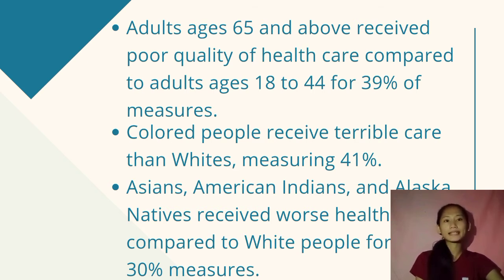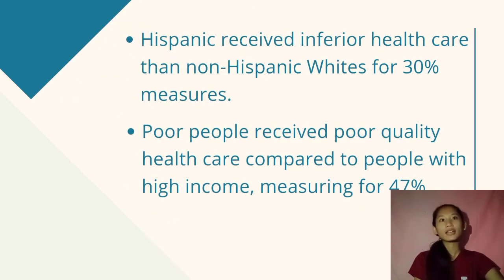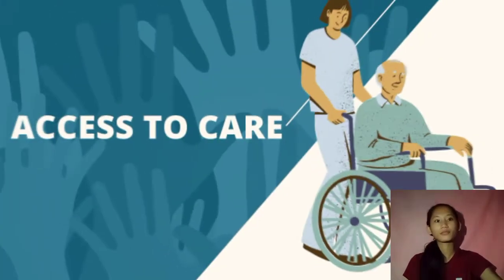Another example is Asians, American Indians, and Alaska Natives receive worse health care in comparison to white people for about 30% of measures. Hispanics received inferior health care than non-Hispanic whites for 30% of measures. And poor people receive poor quality health care compared to people with high income, measuring 47%.